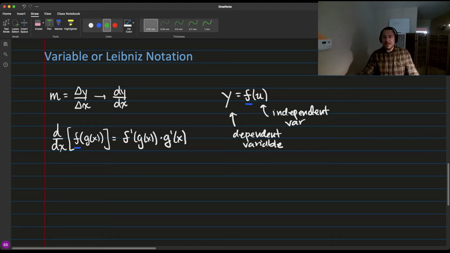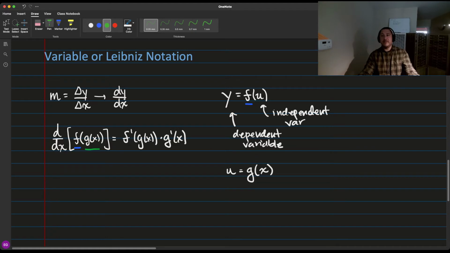Now notice that f has something composed into it, g. So my function g will have x as its independent variable, but it's going to have u as its dependent variable. So notice the roles have changed here.